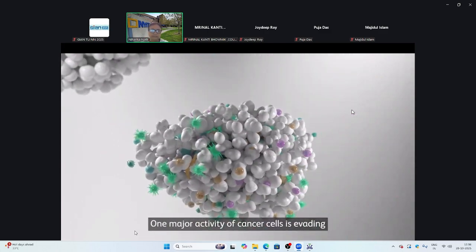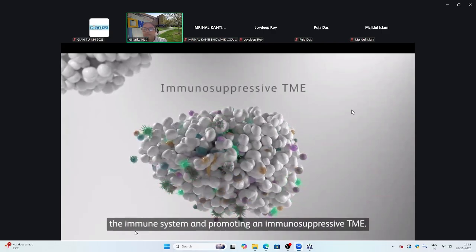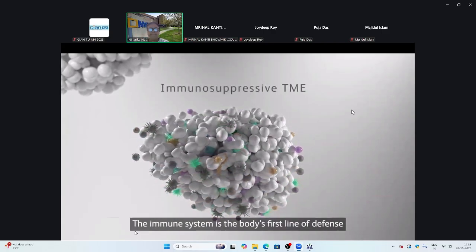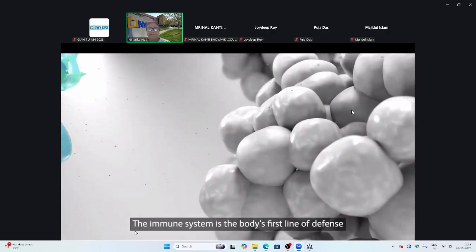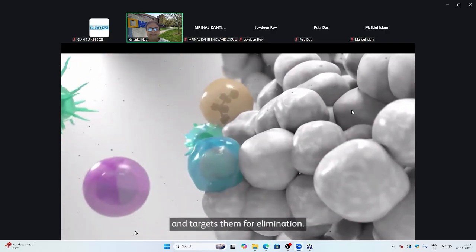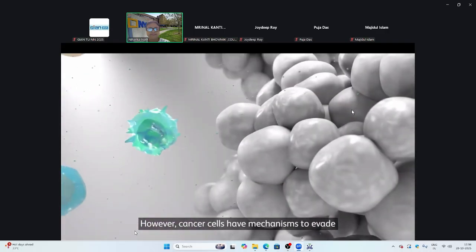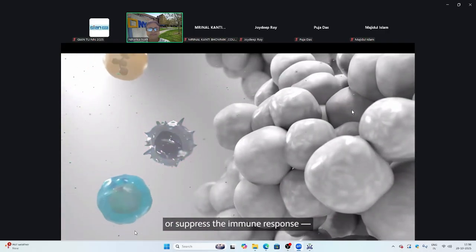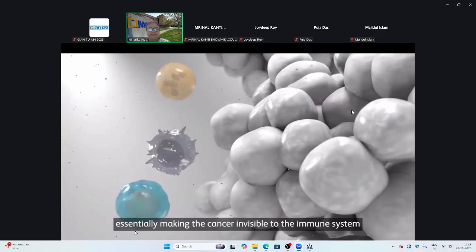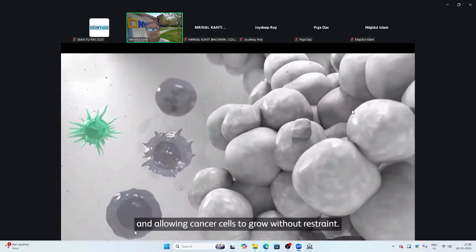One major activity of cancer cells is evading the immune system and promoting an immunosuppressive TME. The immune system is the body's first line of defense and typically detects cancerous or mutated cells and targets them for elimination. However, cancer cells have mechanisms to evade or suppress the immune response, essentially making the cancer invisible to the immune system and allowing cancer cells to grow without restraint.